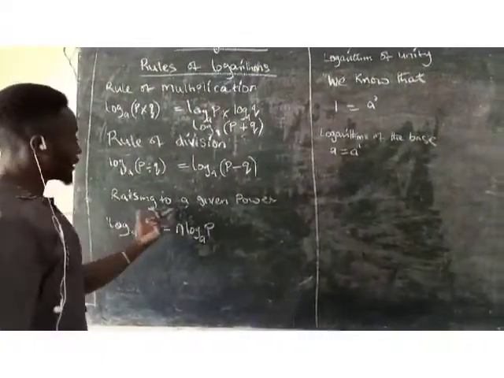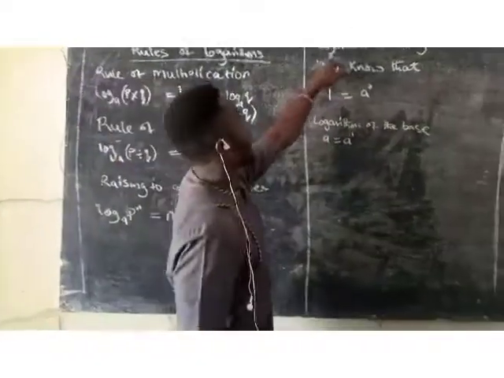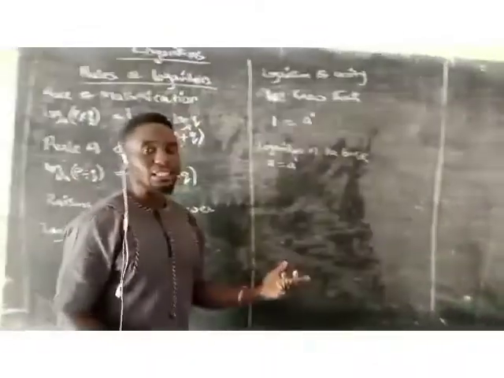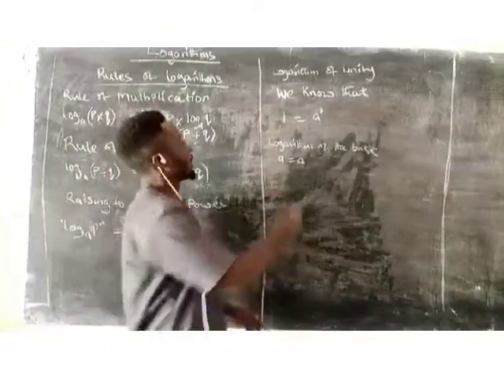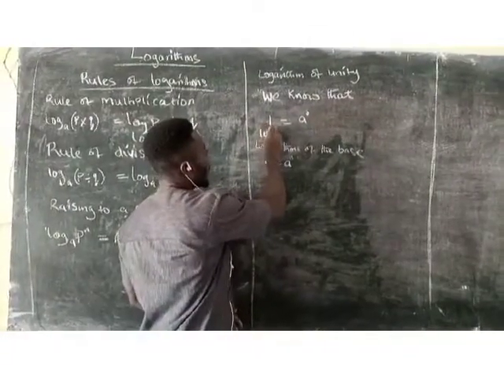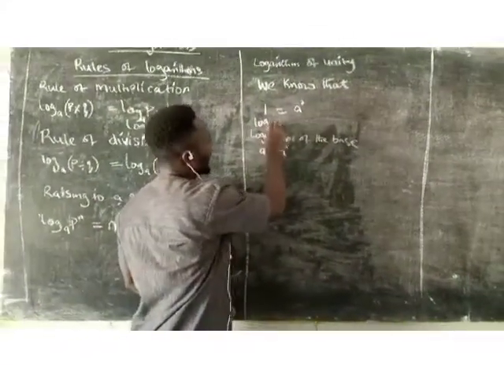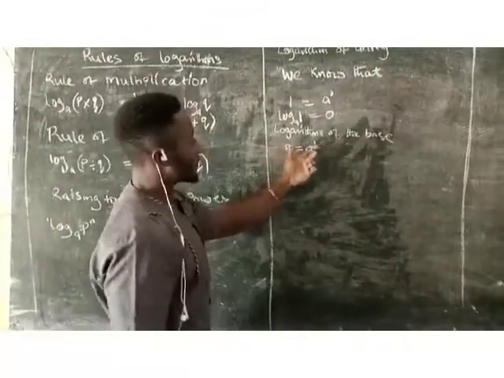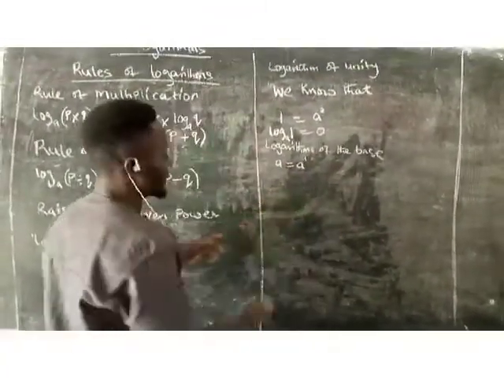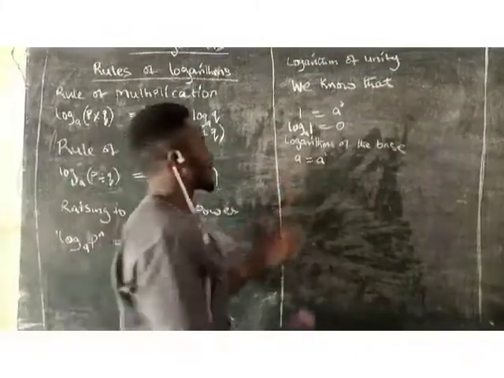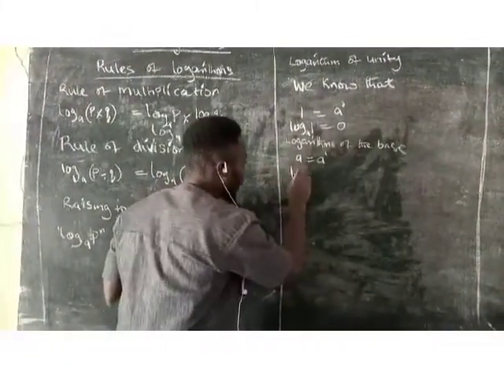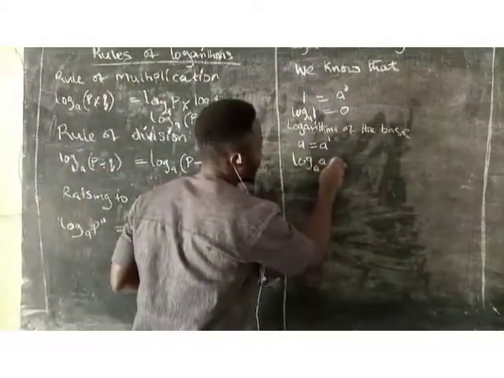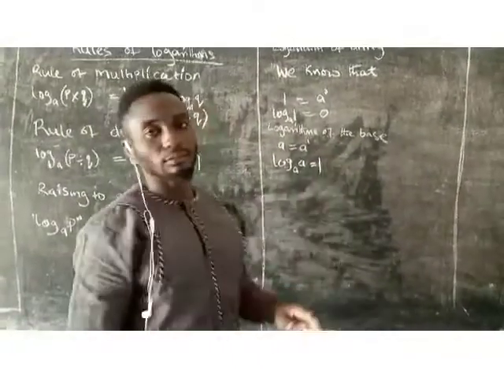When we have logarithm of unity, log base a of 1 is the same thing as 0. And logarithm of the base, log base a of a, is equal to 1.